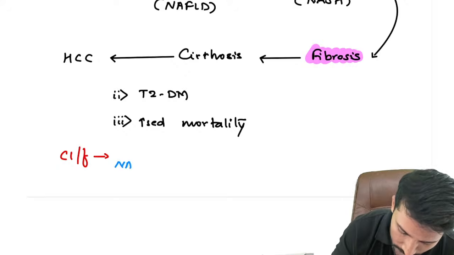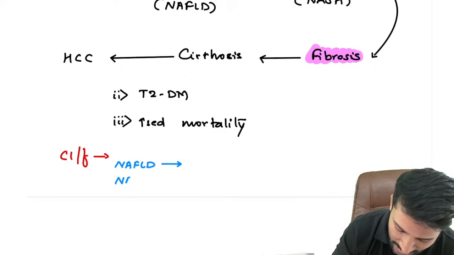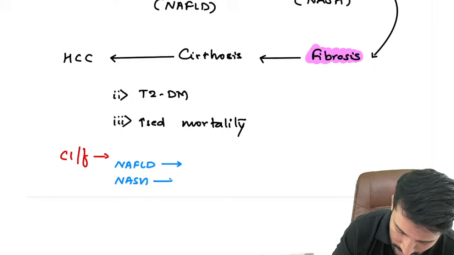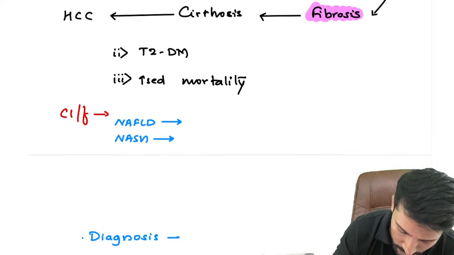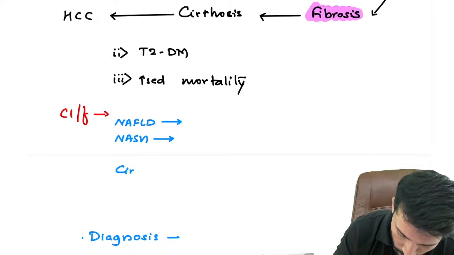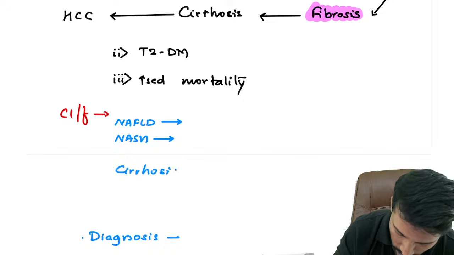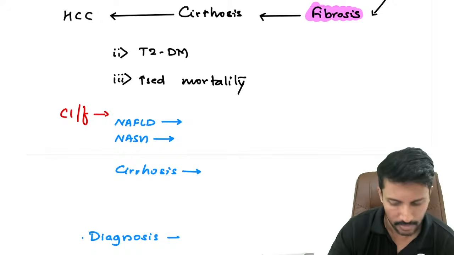In the NAFLD stage, they are mostly going to be asymptomatic, right? At the NASH stage, they may have some symptoms, and as they progress to cirrhosis, of course, there will be features of liver failure.